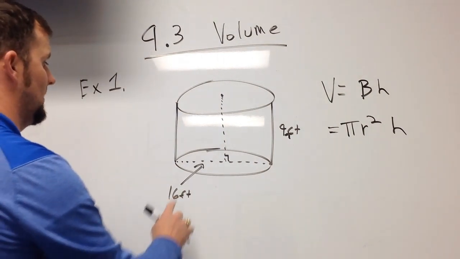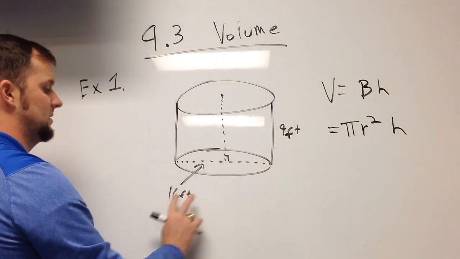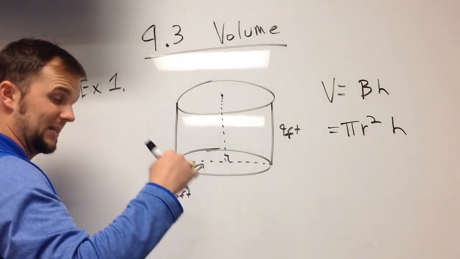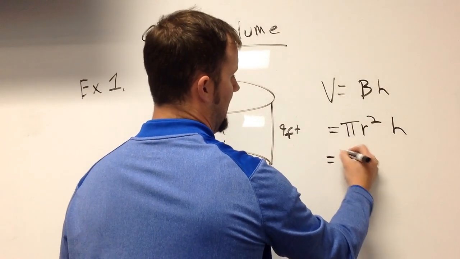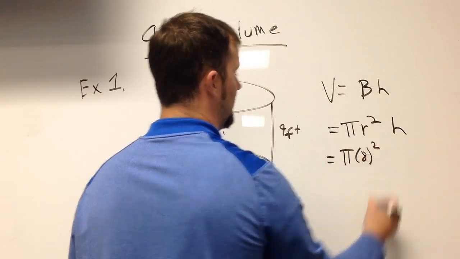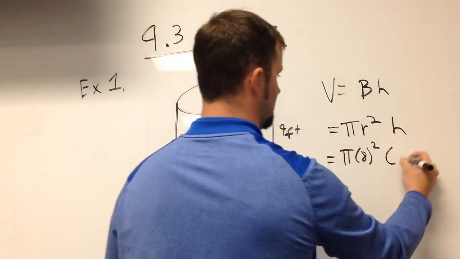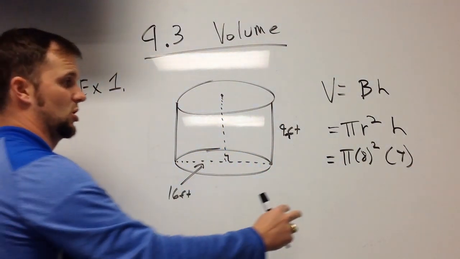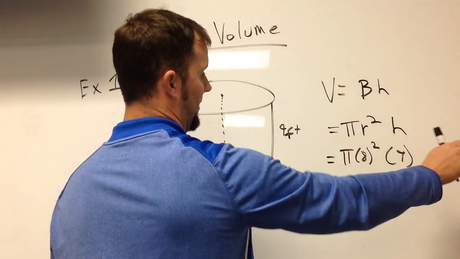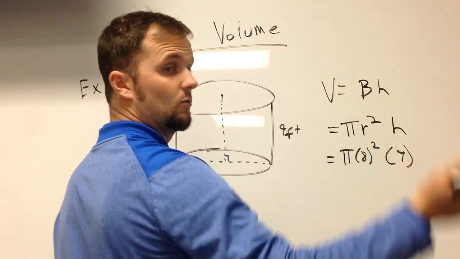So let's go ahead and do this. So right now my diameter all the way across is 16. So to find my radius, I have to divide that by 2, which is going to be 8. So it's going to be pi times 8 squared, multiplied times the height, which is going to be 9. So remember, if I wanted to find my answer in terms of pi, I would leave the pi out, multiply everything, and get my answer, but I'm not. I'm just getting the regular answer.